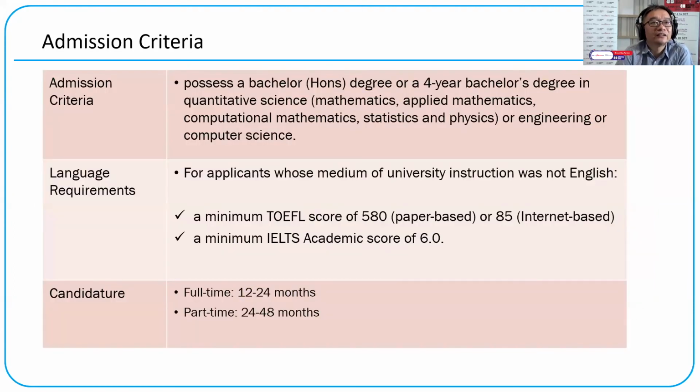These are the admission criteria. We want a bachelor's degree with a strong background in quantitative science, like math, applied math, computer science, statistics, or physics. Of course, if you are not a native English speaker, there is a certain language requirement. The full-time program is 12 months and can be extended to 24 months, and there is a part-time option, of course, at double the time.